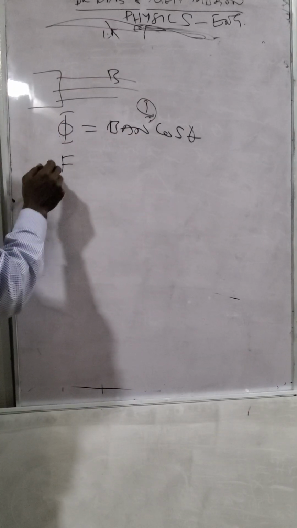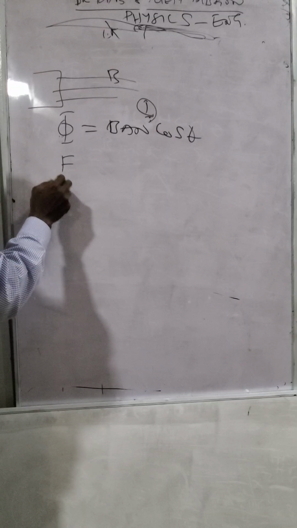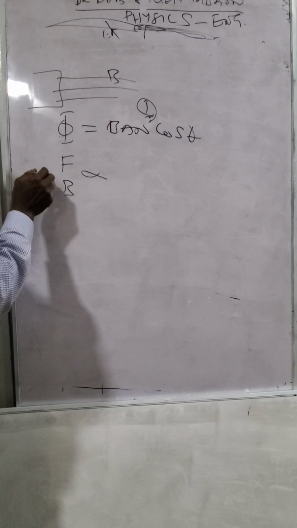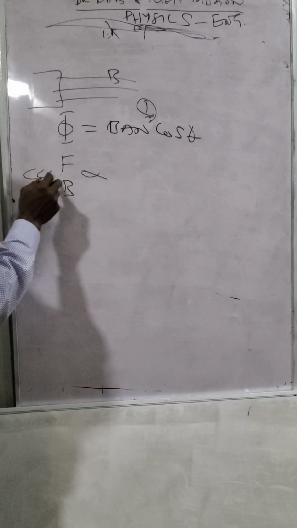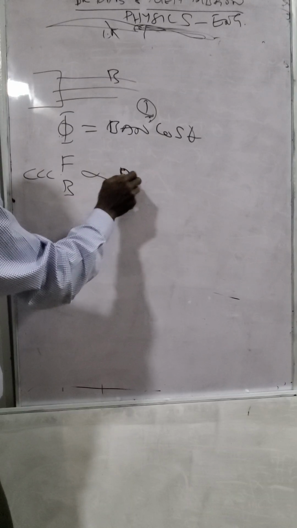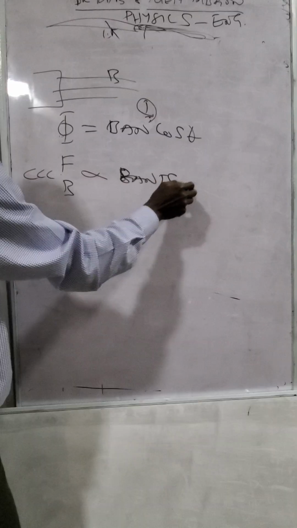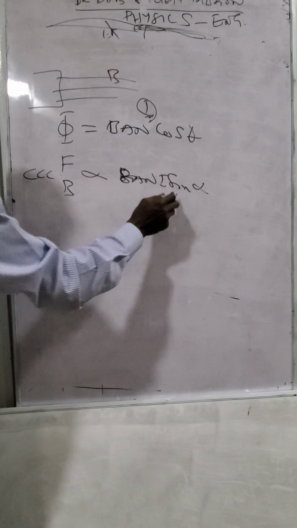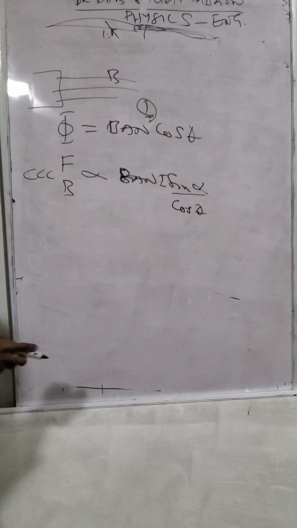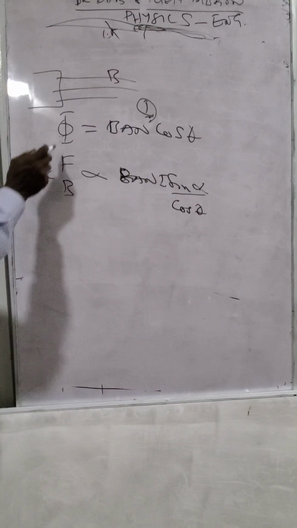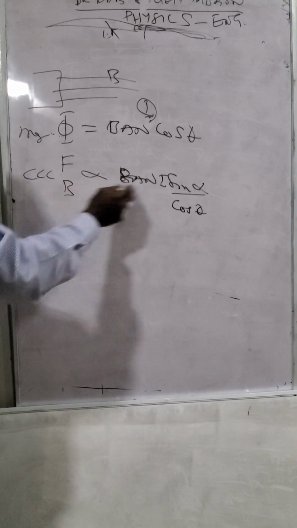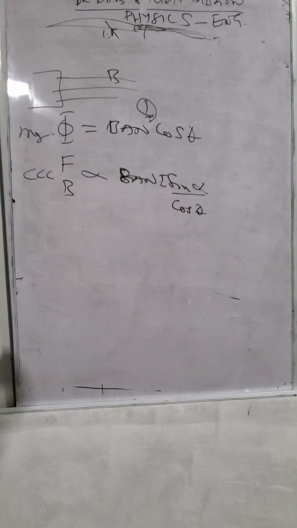But the force, or the B, for a current conductor is proportional to the sine, sine alpha. But remember, this sine can also be replaced by cos theta, where these two are complements. That's the principle. So this is for magnets, and this is for a current conductor. That's the relationship.